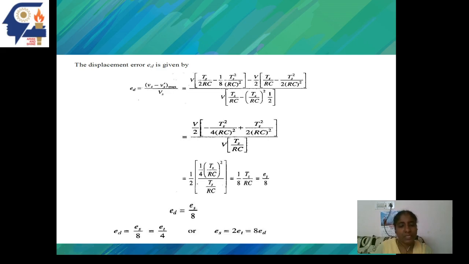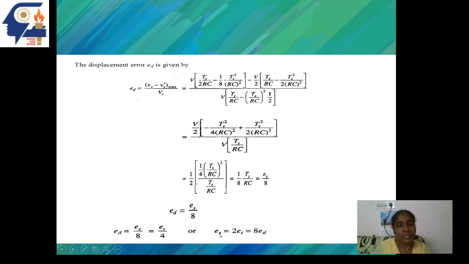Now if we see, displacement error into 8 times becomes sweep error, and transmission error is Ts by 2 Rc. So sweep error is Ts by Rc. 2 times the transmission error will become equal to sweep error. These are the relations between displacement error, sweep error and transmission error.